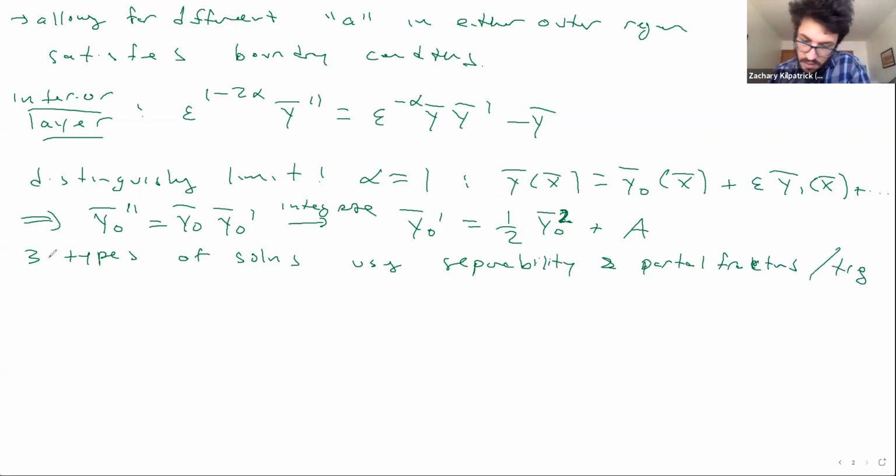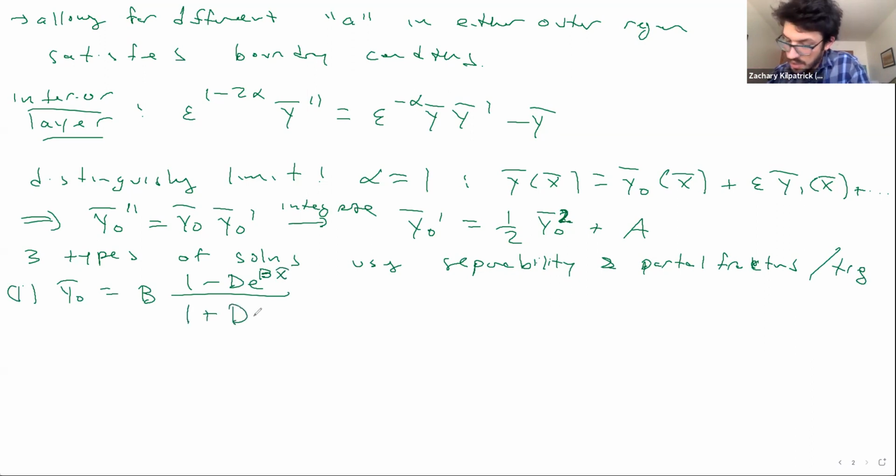Trig integrals, basically. And so one type of solution is going to be y0 bar equals b times (1 minus b e to the b x bar) over (1 plus b e to the b x bar).